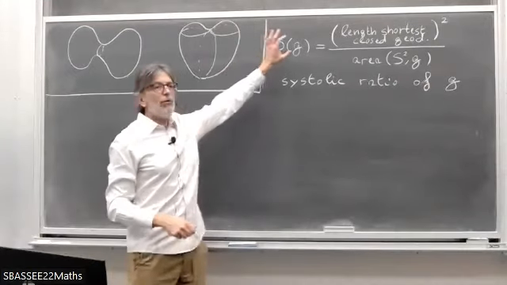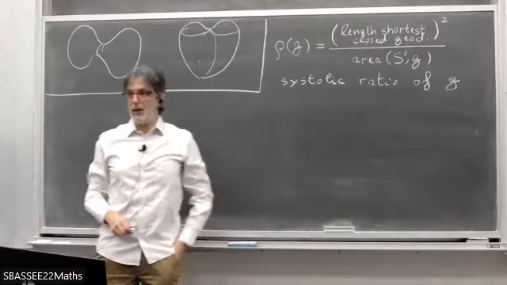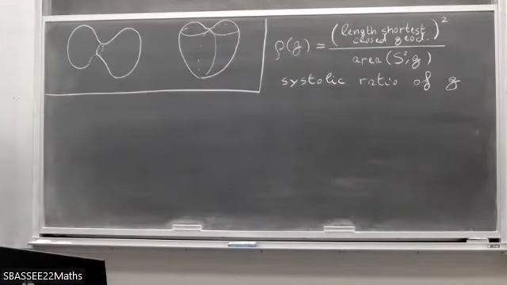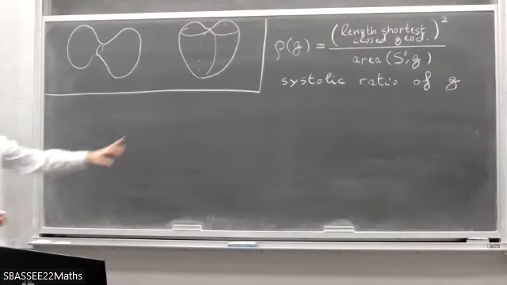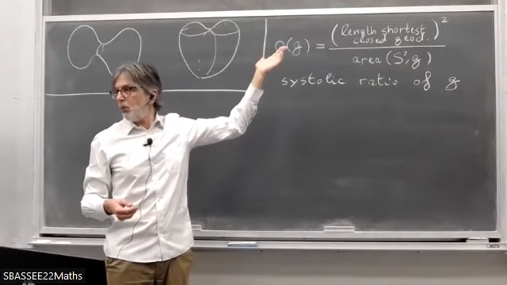So every metric on the two-sphere has a well-defined systolic ratio. What can we say about the systolic ratio? Of course, the systolic ratio can be arbitrarily small.